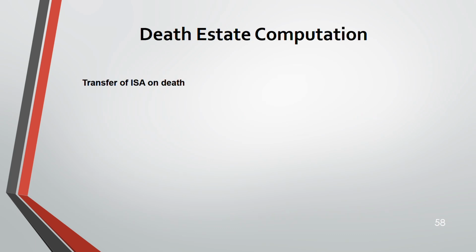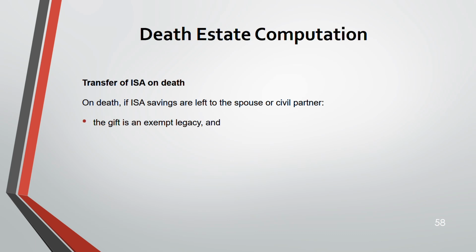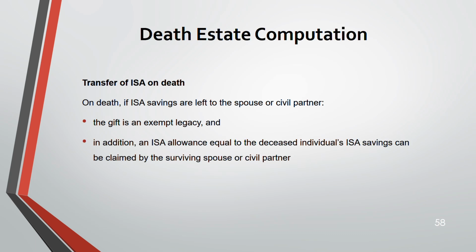Now, transfer of ISA on death. Very important. On death, if ISA savings are left to the spouse, the gift is an exempt legacy because you are leaving it to the spouse. And in addition, the ISA allowance equal to the deceased individual's ISA savings can be claimed by the surviving spouse. This is an advantage.